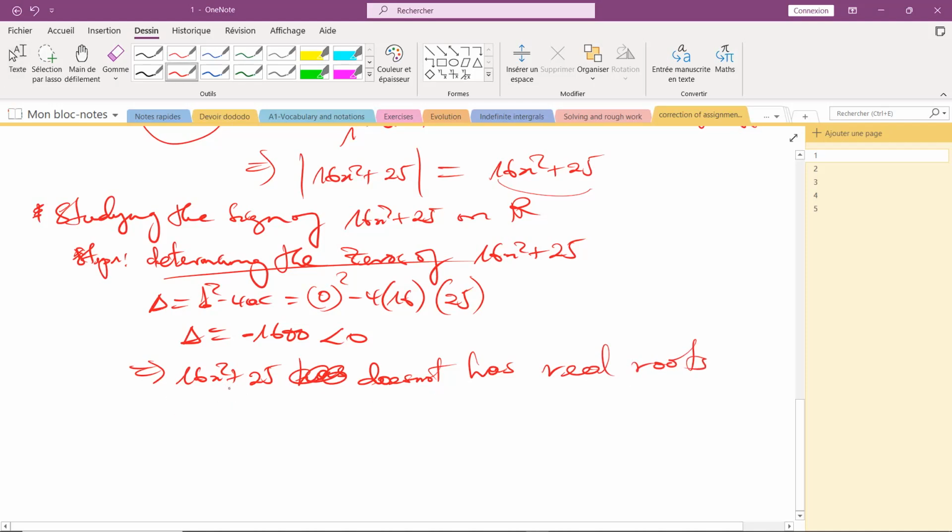And I told you, when a quadratic equation has no real roots, how do you draw its table of sign? It's very simple. When a quadratic expression has no real roots, it's very simple to know its table of sign. Step two, we're going to draw the table of signs.